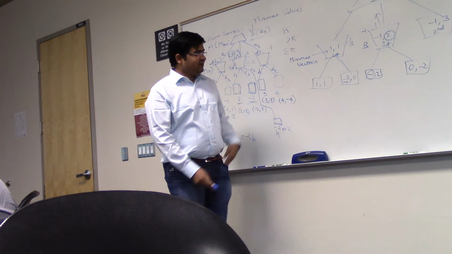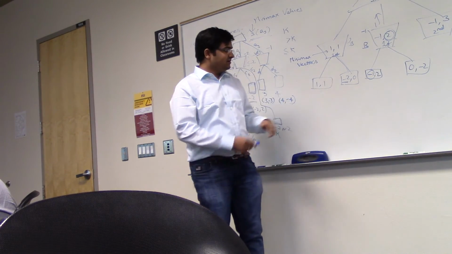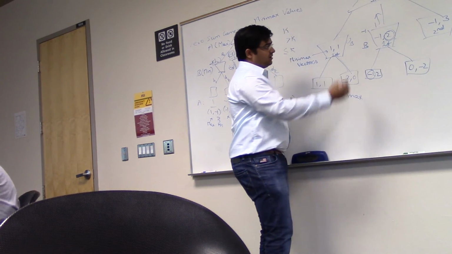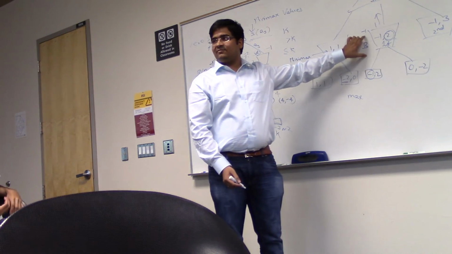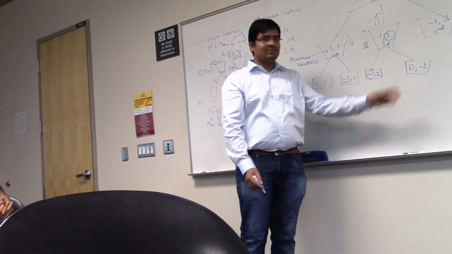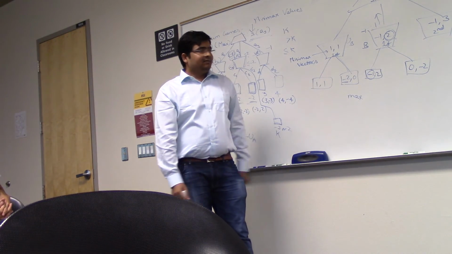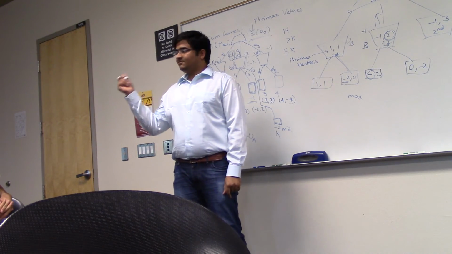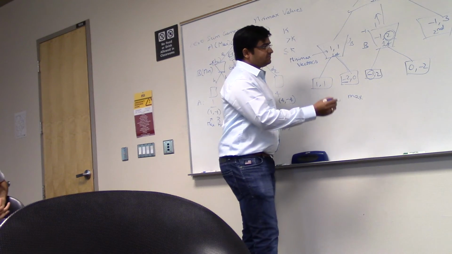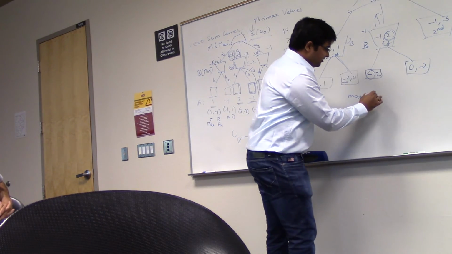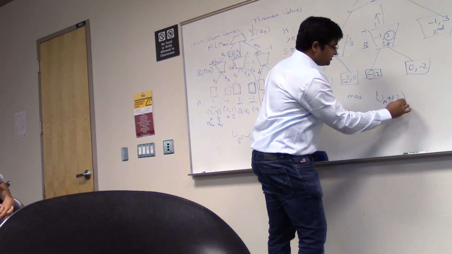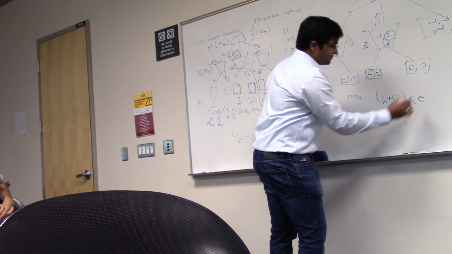So remember why we couldn't do alpha-beta pruning here? Because we wanted to get the max of this node, and there is no way of getting the max unless I browse through everything, unless I see all possible actions, because we have no additional information. Here we have some additional information: the utility of A plus the utility of B is less than or equal to some epsilon.